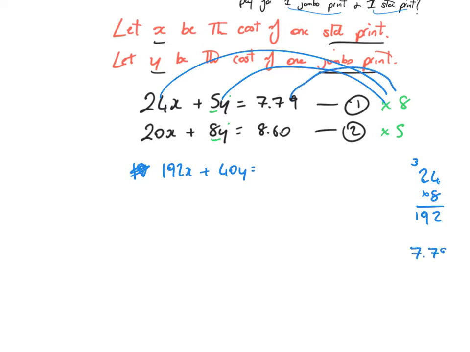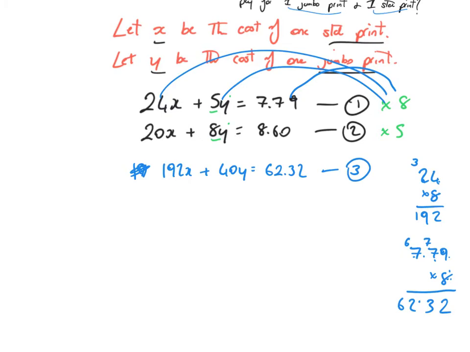If you take your time, you'll get it right. 8 9s are 72, 2 down carry 7. 8 7s are 56, plus this 7 is 63, 3 down carry 6. 8 7s are 56, plus the 6 is 62. So that will give me £62.32. And that's equation 3.